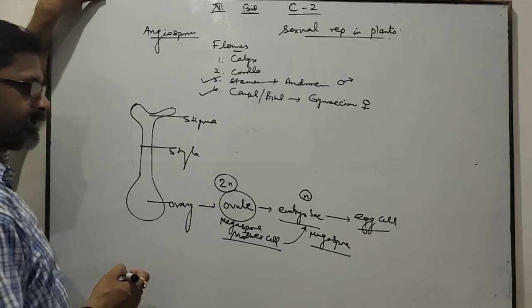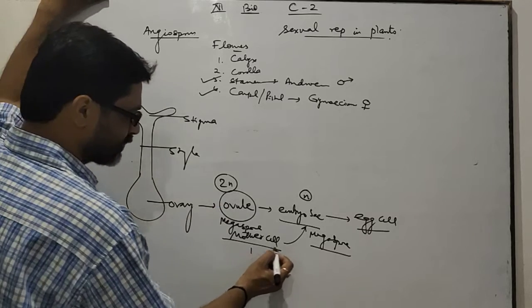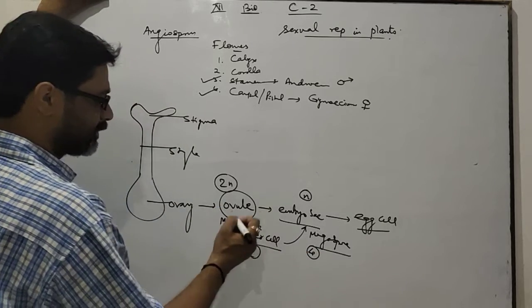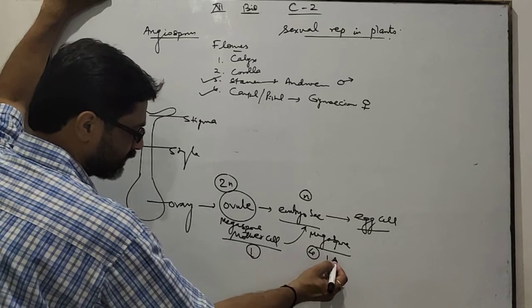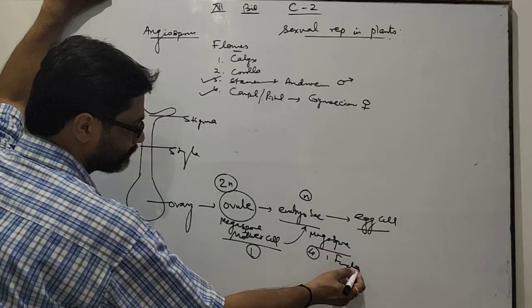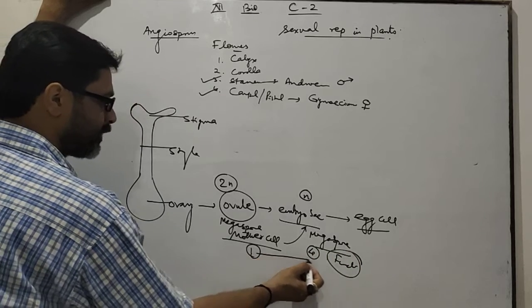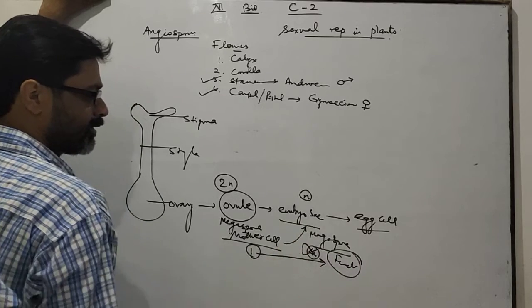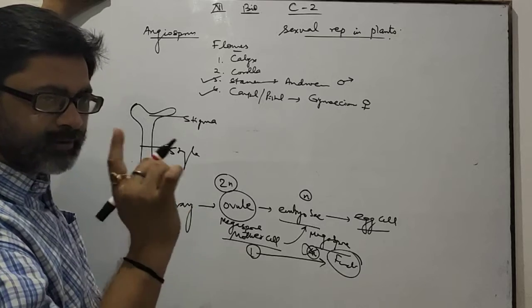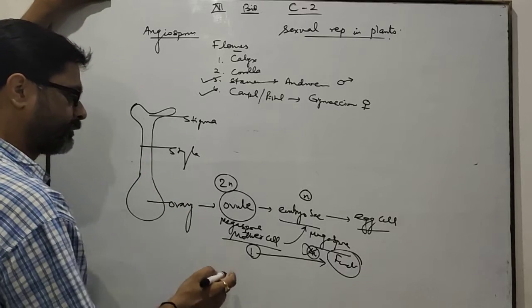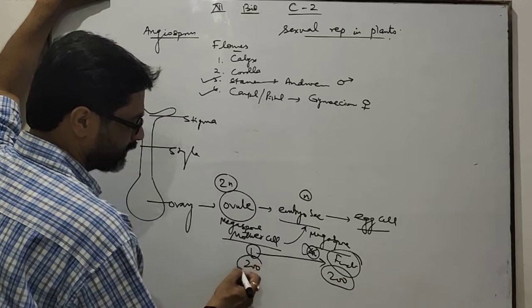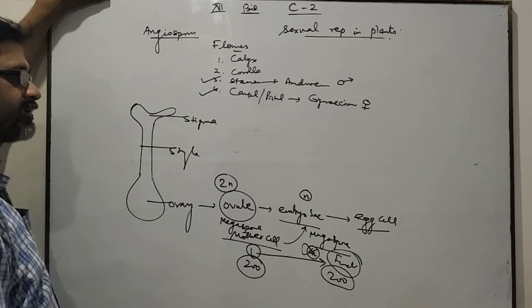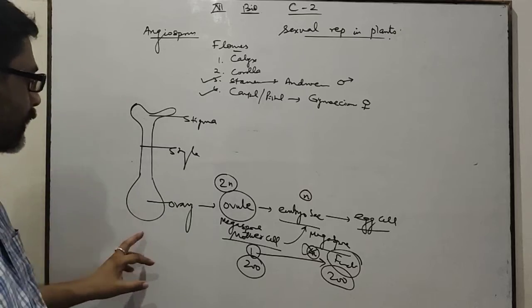When one megaspore mother cell divides, it produces 4 megaspores. But 3 degenerate. Only one remains functional. Means one megaspore mother cell produces only one functional megaspore. Means to find 200 megaspores, 200 megaspore mother cells are required. This is the difference between this and this.